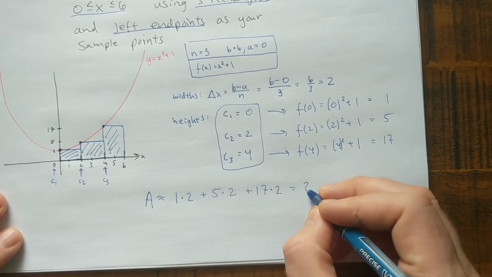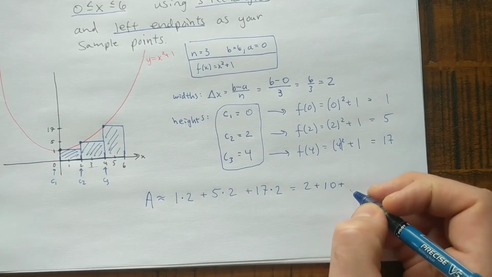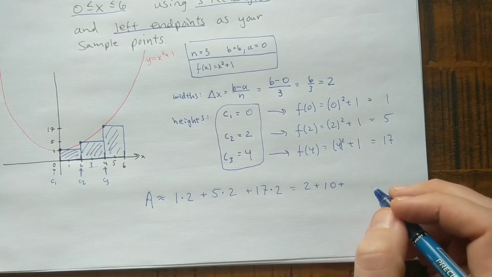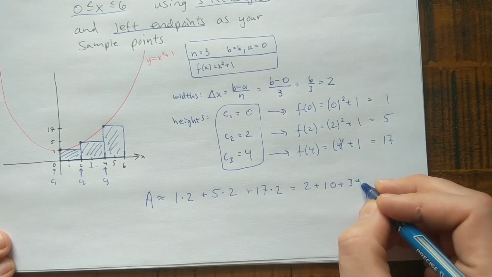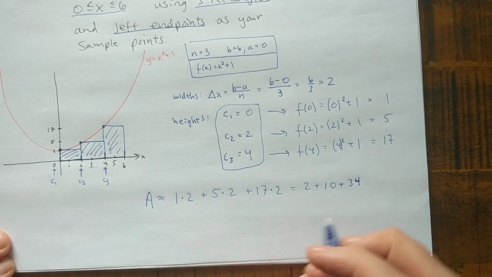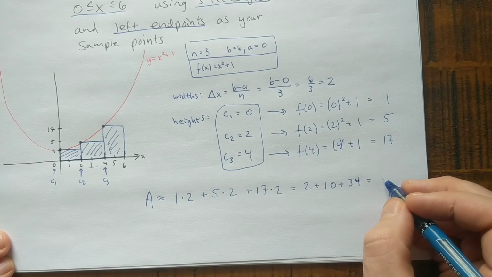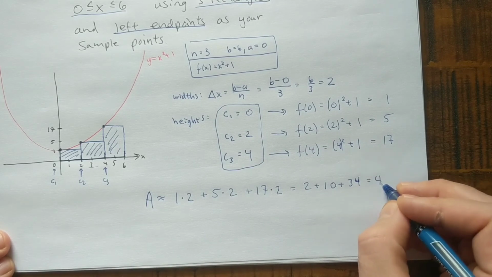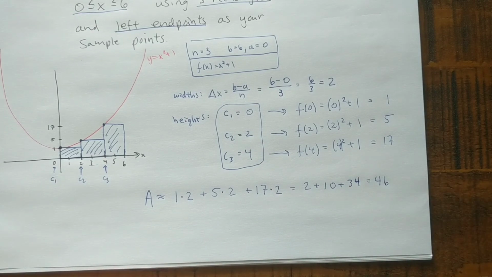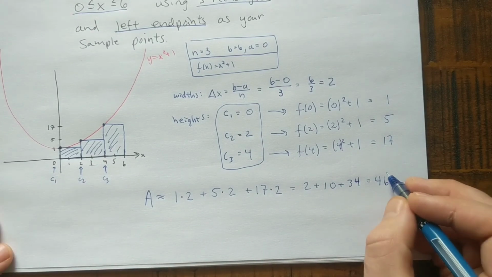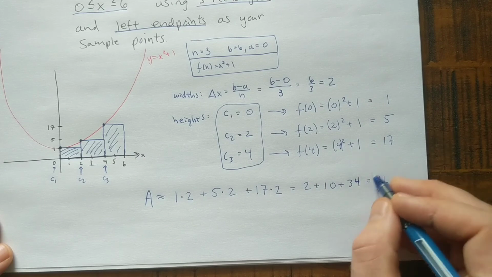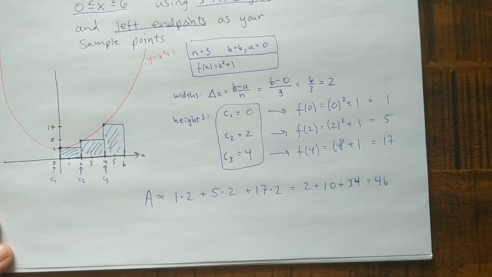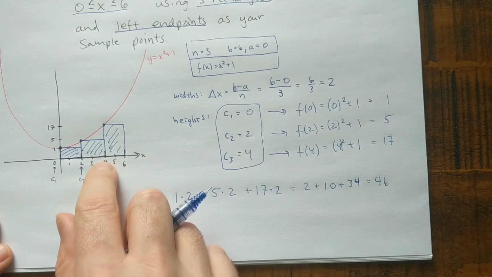This will be 2 plus 10 plus 34. And so that's 36, 46. And so this is the answer. This is what we're looking for. So this is the approximation of the area under here using left endpoints and 3 rectangles.